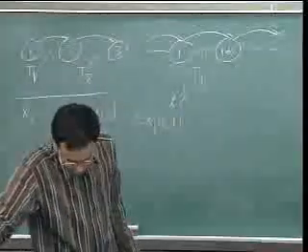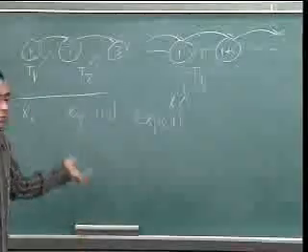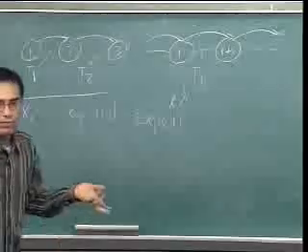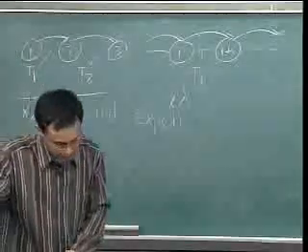Now, it says, and interpret each of these as a lifetime of a component. So x1 is the lifetime of component 1, xj is the lifetime of component j. Just interpret that.